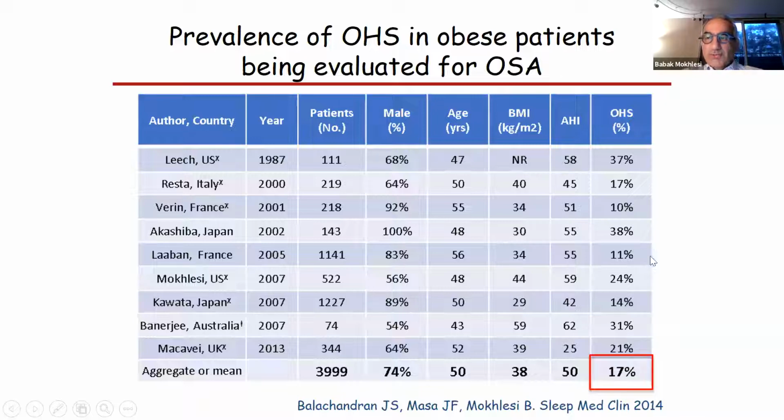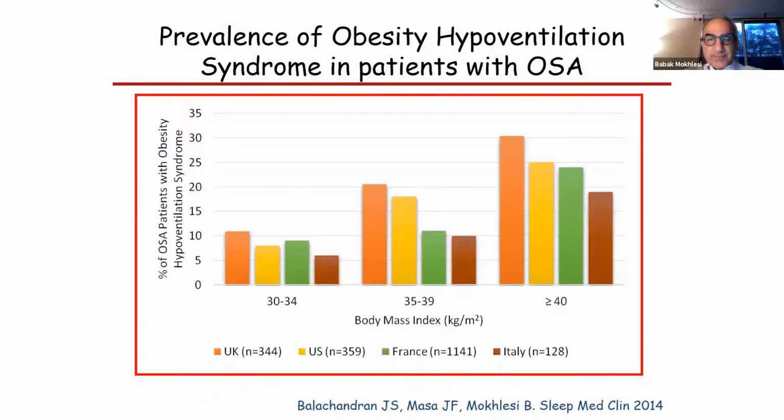The places that have more is because they have more obesity in their patient population, and vice versa. So if you are in a program in a city where you have a lot of obese patients with severe obesity coming to your program, chances are at least 10% of your patients do have evidence of hypoventilation, but many times, we don't know that, we don't capture it.